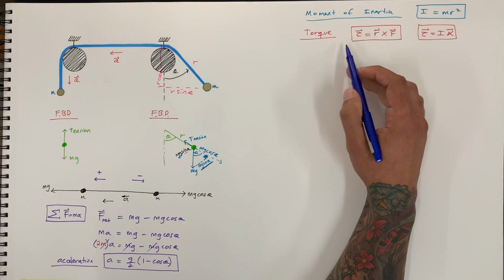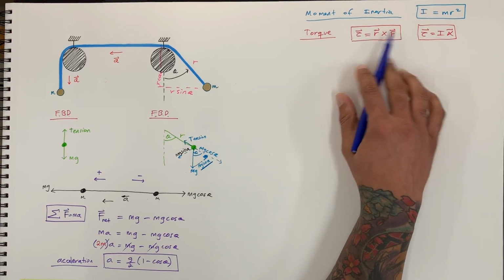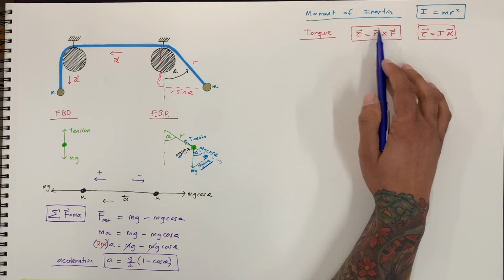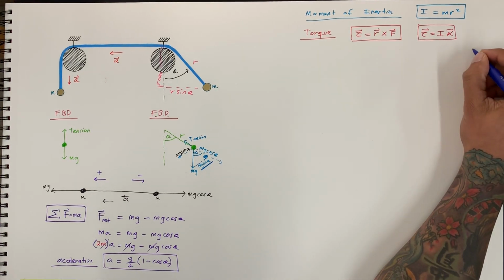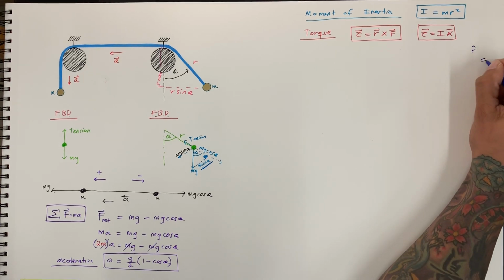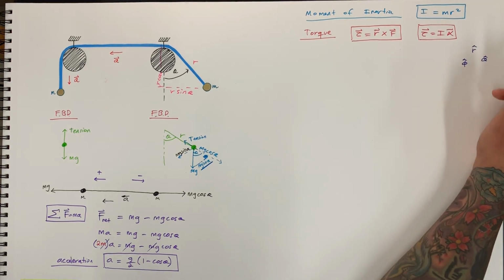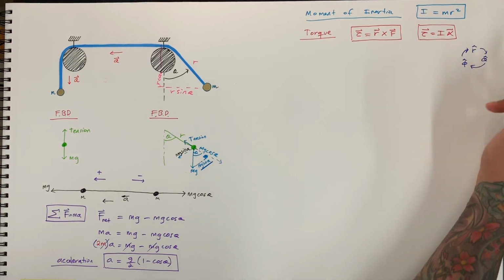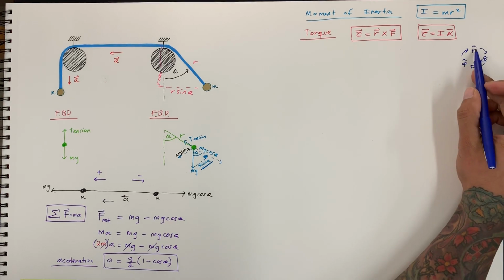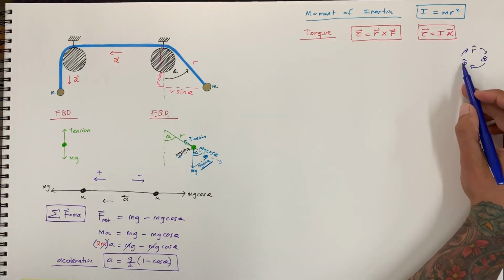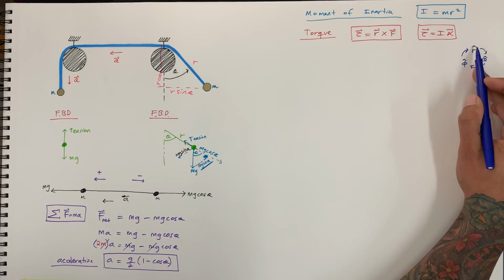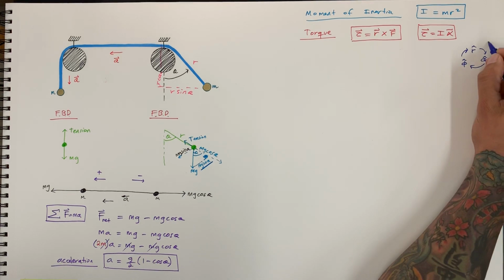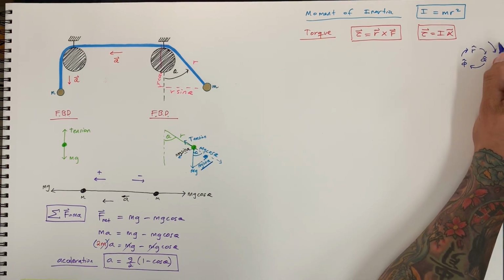And we're just going to be looking for the magnitude, and so we don't need to worry about the vectors or in the direction that they're going. So just as a side note here, r hat, theta hat, and phi hat is spherical coordinates, which is what we're going to be working in. And so, you know, r crossed with theta hat is going to be phi hat, or r crossed phi hat is going to be negative theta hat. Okay, so if you go in this direction, it's positive.